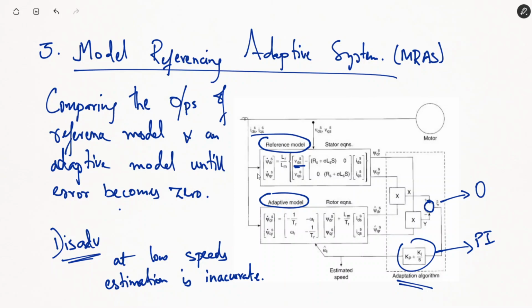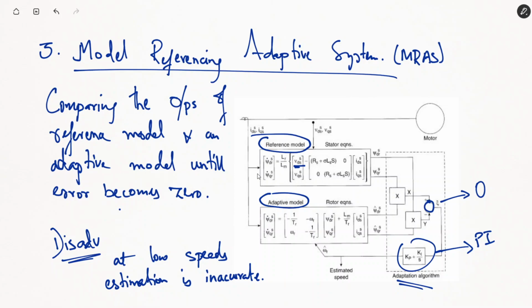So we can say that this model gives us fairly accurate values of speed, but at lower speeds its accuracy tends to deteriorate. So this is about the model reference adaptive system. There are two state space models here, the reference model and the adaptive model.